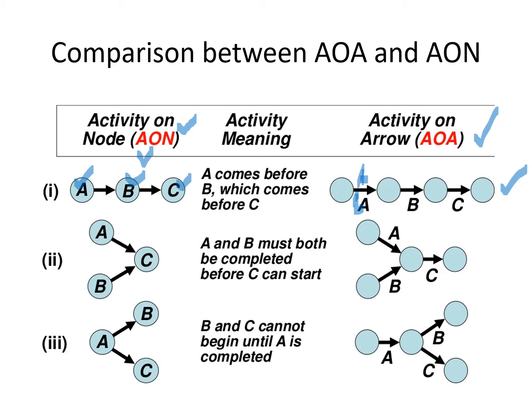All of these are being represented by nodes over here. So this is the main difference between the two. We don't require to focus on AON. We will focus only on AOA because all the solved problems are based on this AOA over here. Activity on arrow or activity on arc.